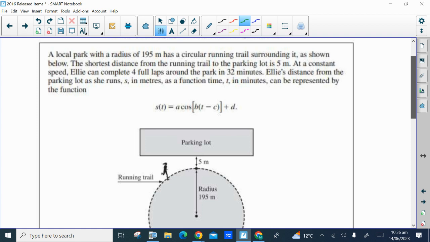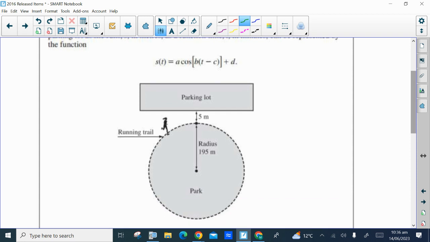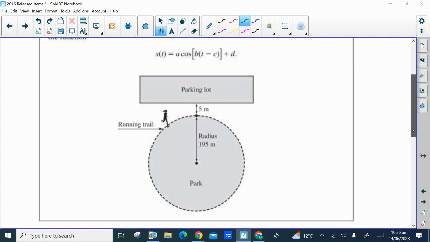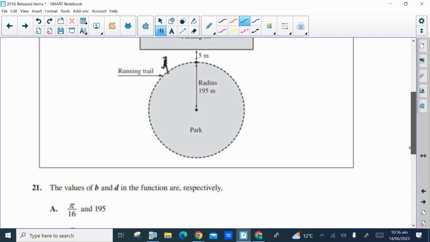Ellie's distance from the parking lot as she runs in S meters as a function of time, t in minutes, can be represented by a sinusoidal function, a cosine function. Okay, and we want to find out what the values of B and D are, respectively.